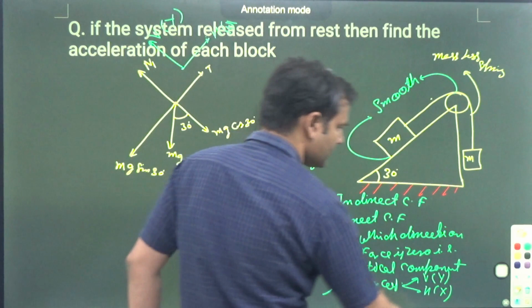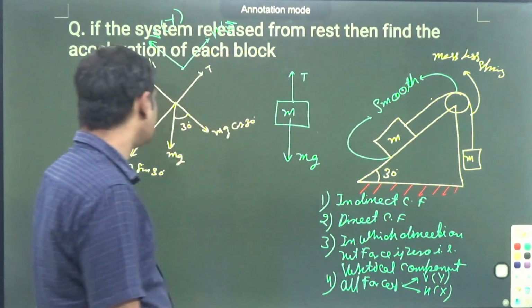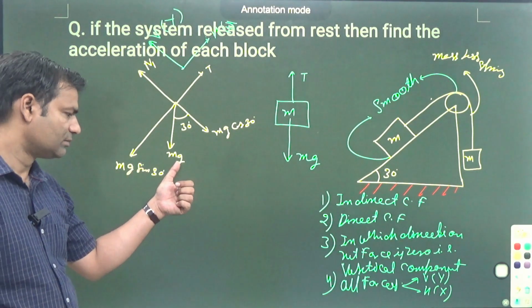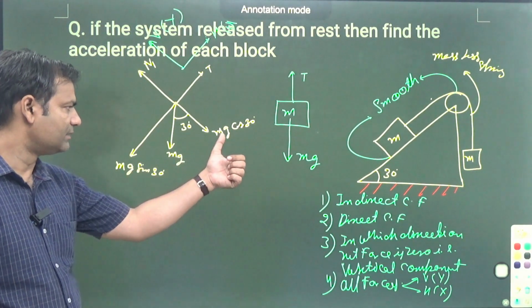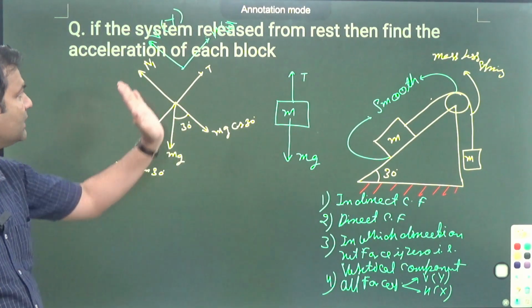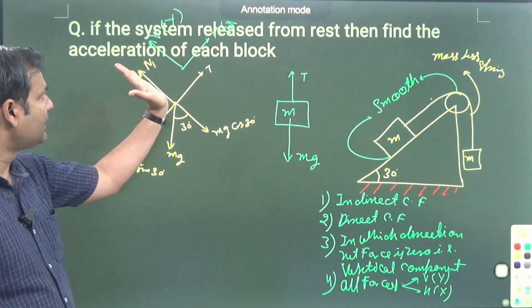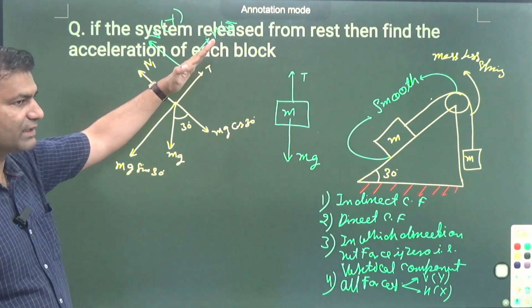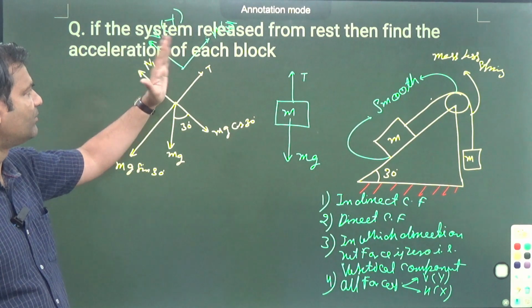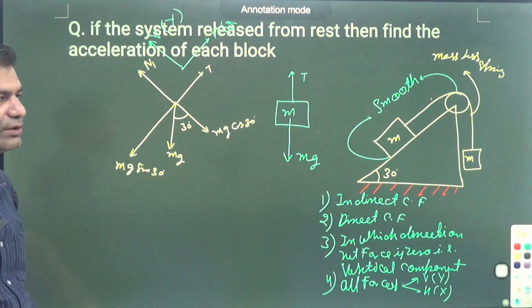That's why I am resolving in this direction and this direction. That is the Y direction, here the X direction. Here capital Y direction, here capital X, the vertical component and the horizontal component.